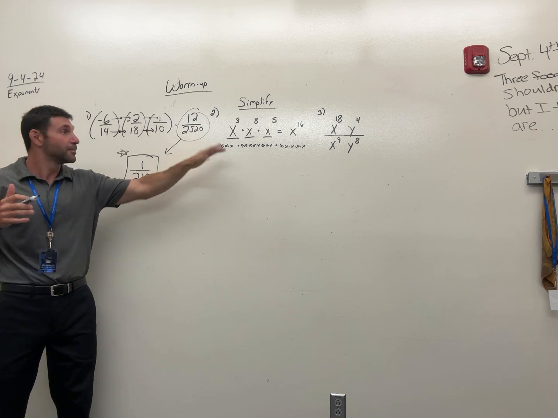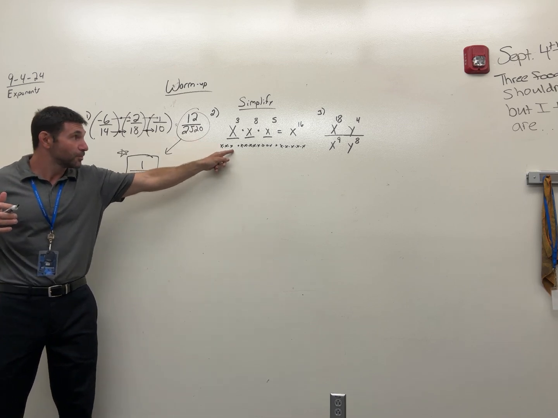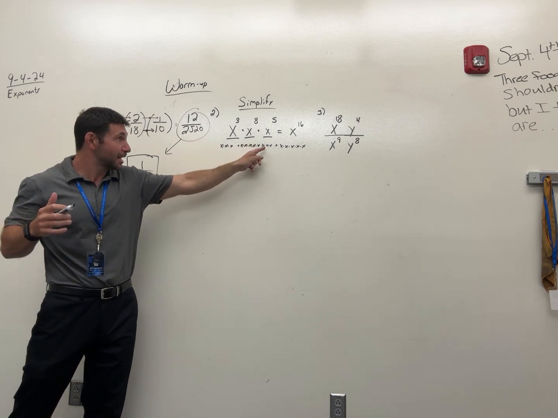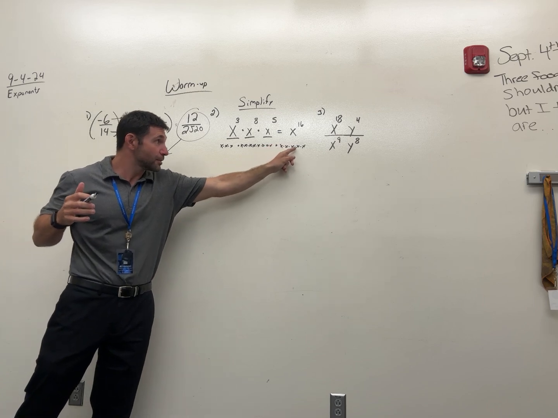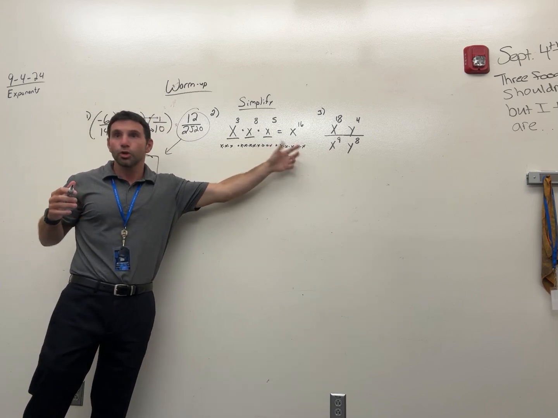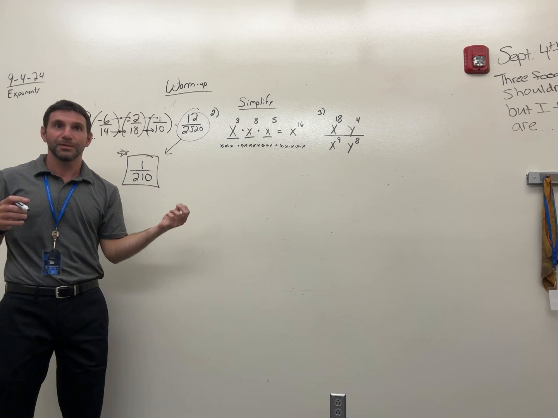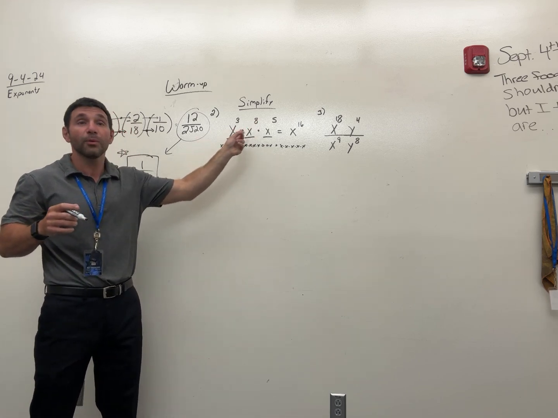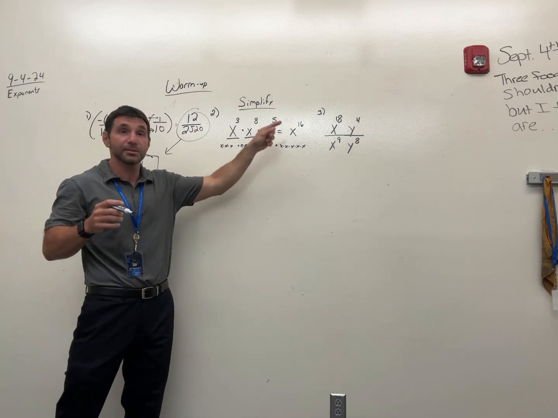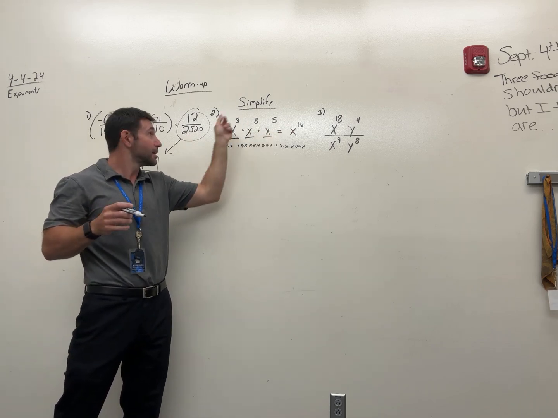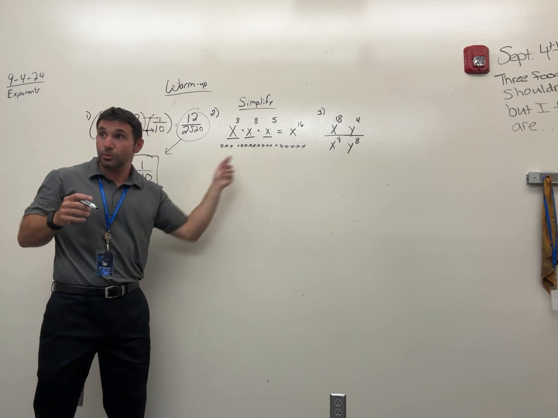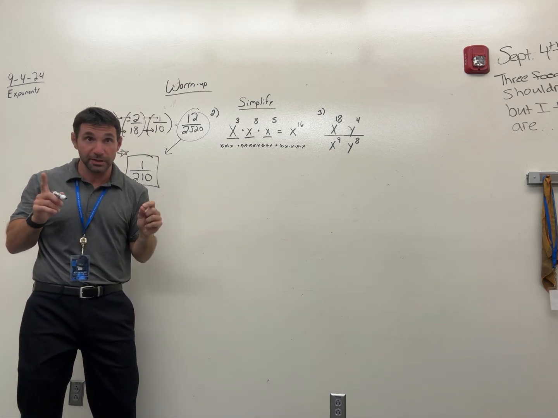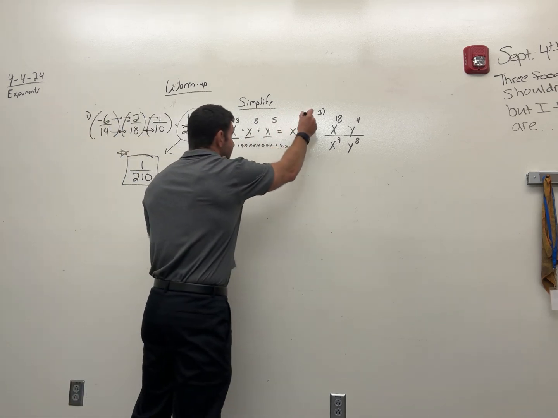Expanded form, there it is: 1, 2, 3, 4, 5, 6, 7, 8, 9, 10, 11, 12, 13, 14, 15, 16. Could you always expand it out? Yes. Do you want to do that every time and count them? No. Which is why we know when we're multiplying like bases, we can keep the base and add the exponents, because that's what it really means. Questions there? So I get x to the 16th.